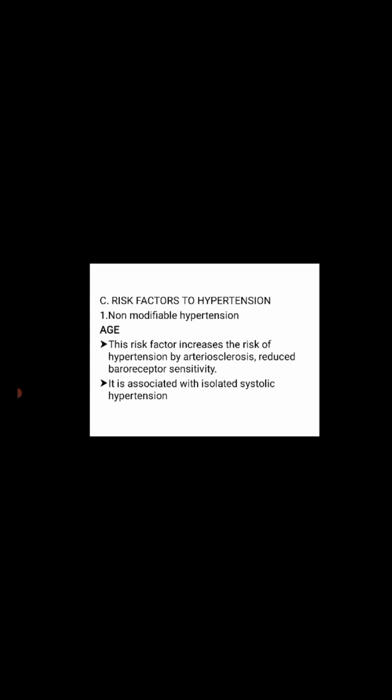This age-related hypertension is normally isolated systolic hypertension. Gender is also another risk factor, where the risk of hypertension in males is higher before 55 years and then higher in females after menopause.